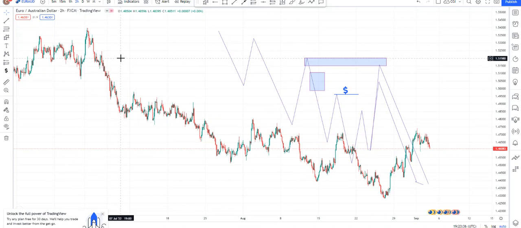Also, you can test somebody's strategy. There are strategies like the London Judas swing. There's a Judas swing, the London Open strategy, the New York Open strategy, the overlap strategy. There are many strategies for day traders.